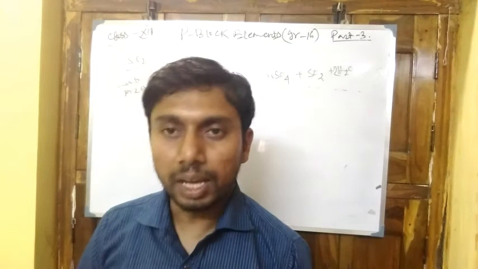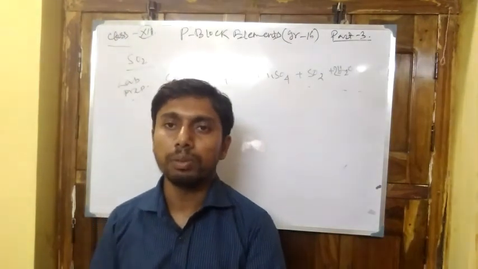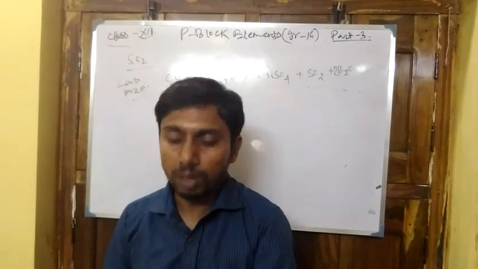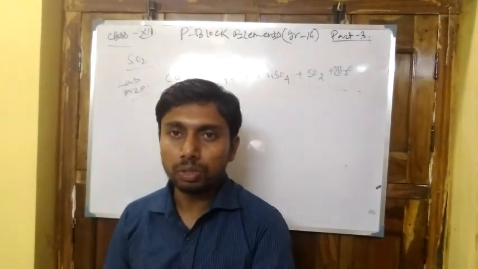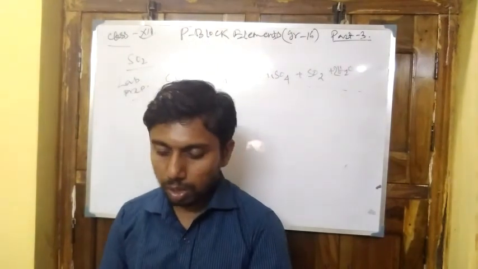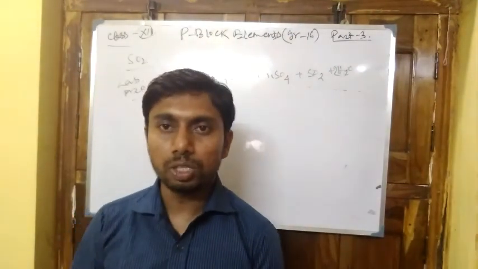Next one, as sulfur dioxide is an acidic oxide, it will react with base to produce salt and water, for example NaOH plus SO2 forming Na2SO3 and H2O. In the same way, Na2SO3 further reacts with SO2.